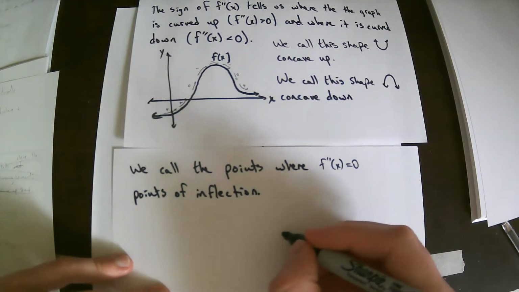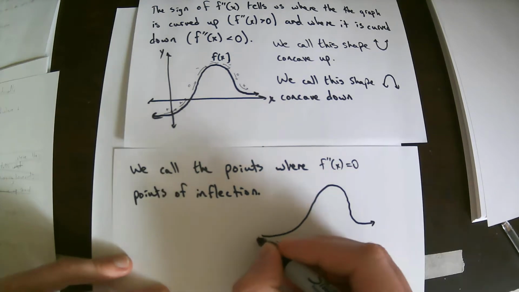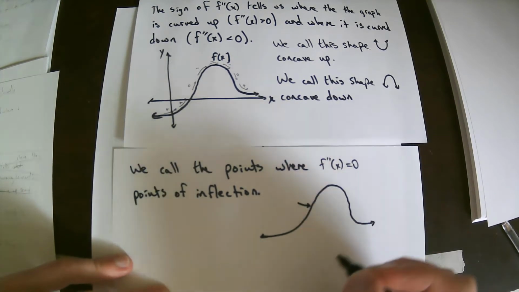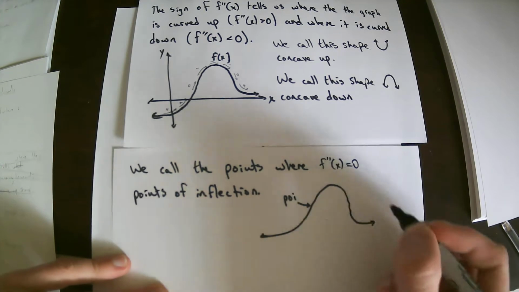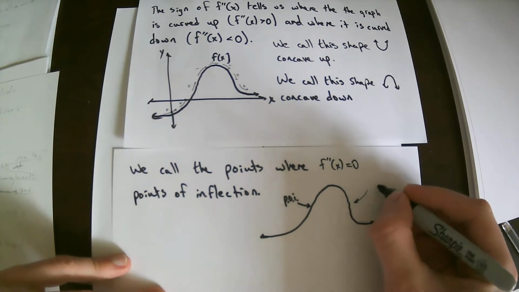So for this shape, if I redraw this graph, that's a point of inflection there. I'll say POI for point of inflection, and there's one right there as well.